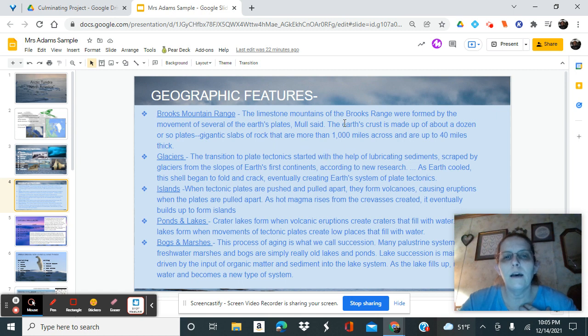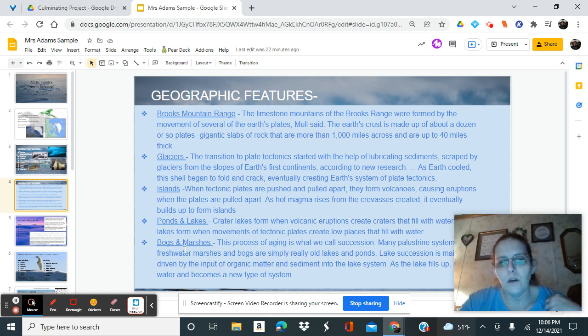And then that's basically the limestone mountains. That's where they came from. And then I looked up glaciers and then what the plate tectonics, how did they form the glaciers? How did plate tectonics form islands? And then how my ponds and lakes are created from crater lakes are coming from the volcanic eruptions, and then bogs and marshes are from the aging process.